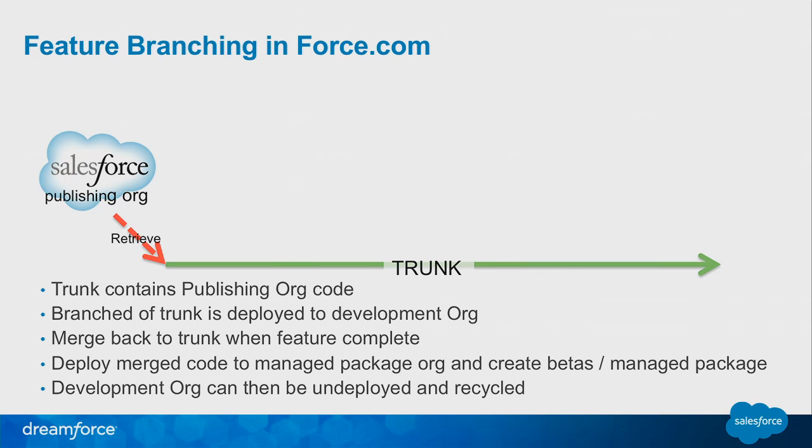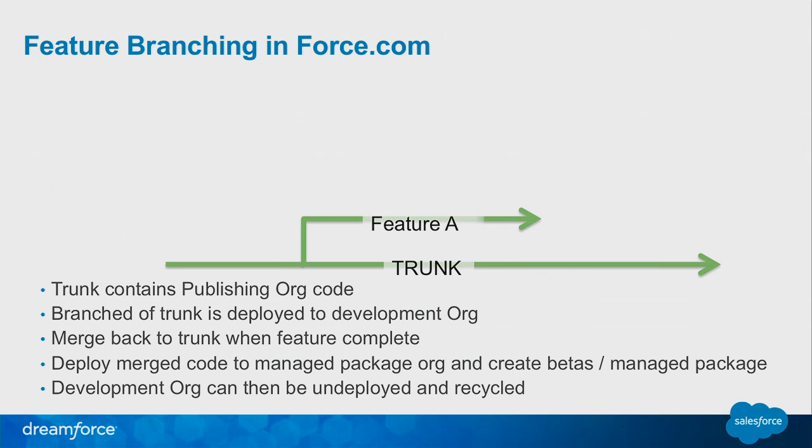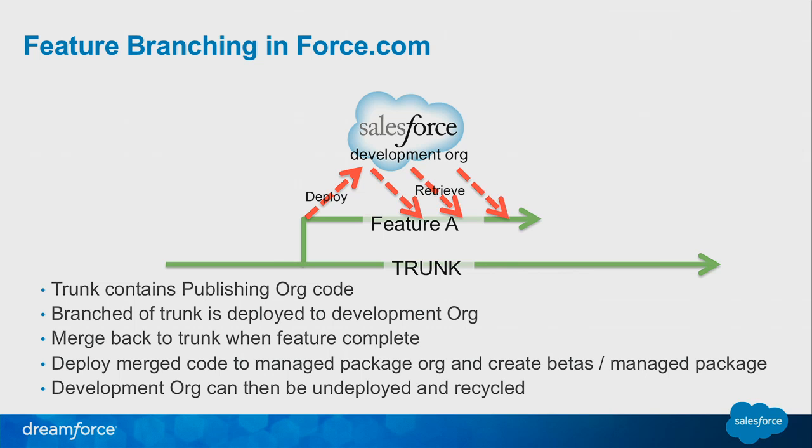Then we create a branch in SVN. This branch now contains all those changes. We push that branched code into one of our reserved dev orgs. And as the developers are working away, Jenkins is in the background taking out all the changes and putting them onto the branch. And when the feature is ready, we merge that back to trunk.